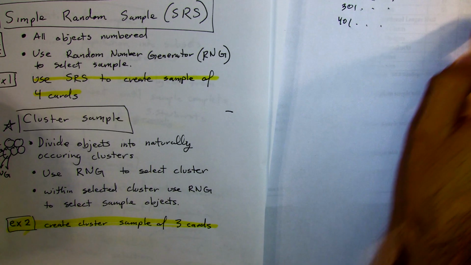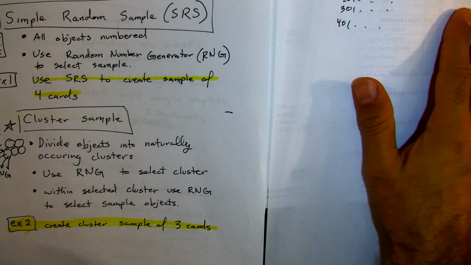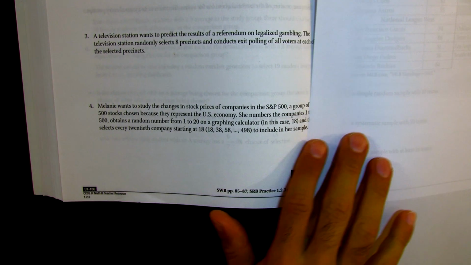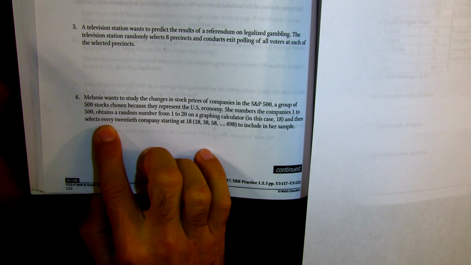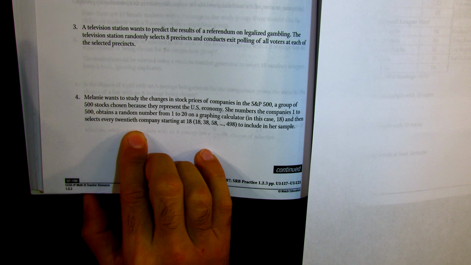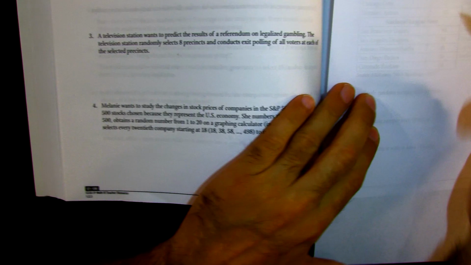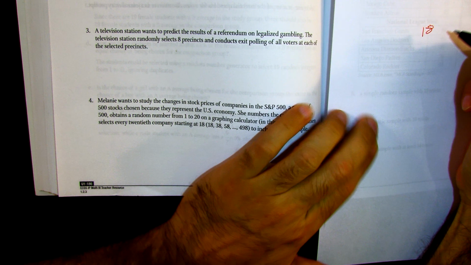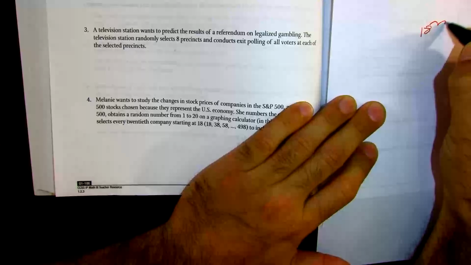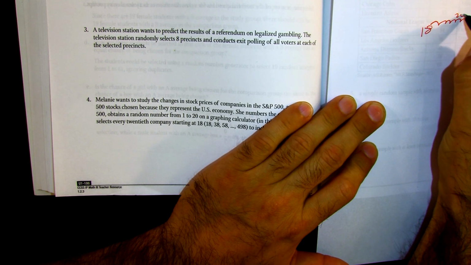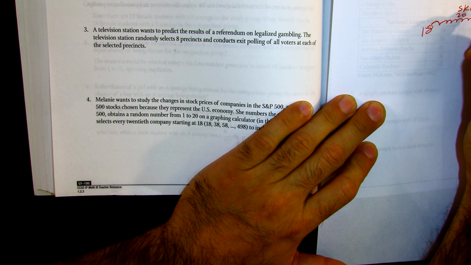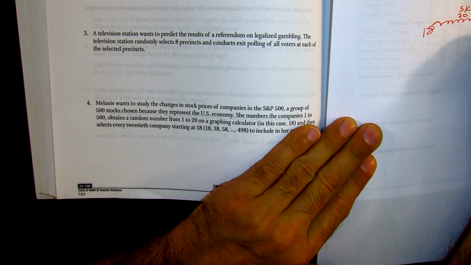This has finding a starting point, and then it looks like it says, and then selects every 20th company. So they found the starting point at 18, and then they're finding the 20th company. So they're going to skip 20, and they end up with the next number is 38, right?